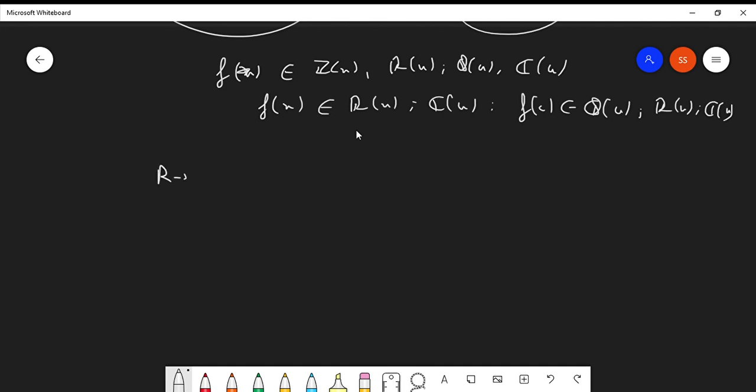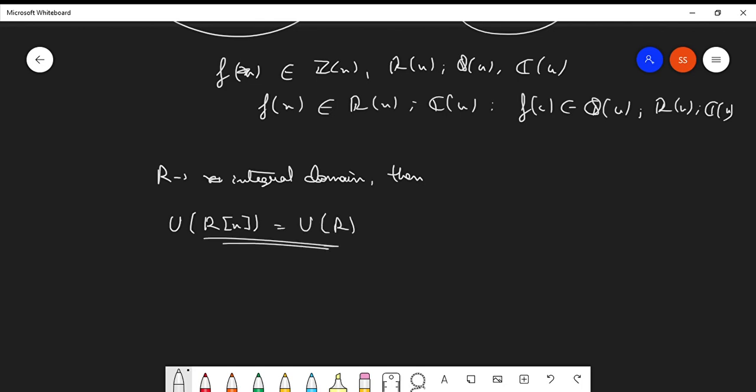If R is an integral domain, then the units of the polynomial ring R[x] are given by the units of R. For example, what is U(Z)? It is the units of Z. What are the units of Z? 1 and −1. Clear?